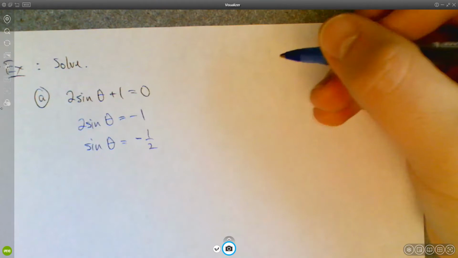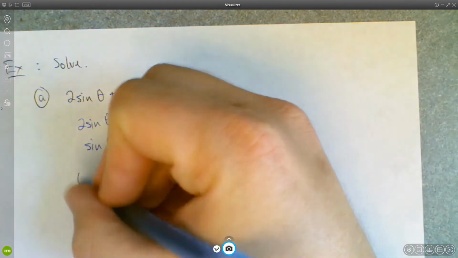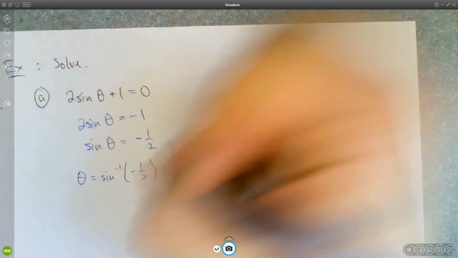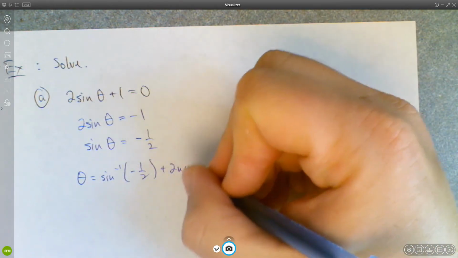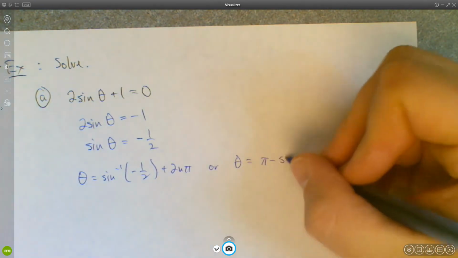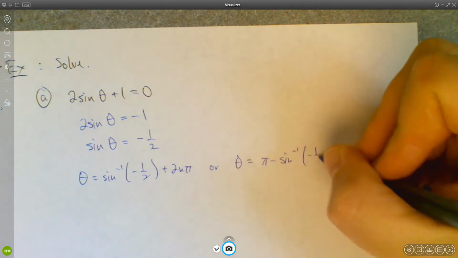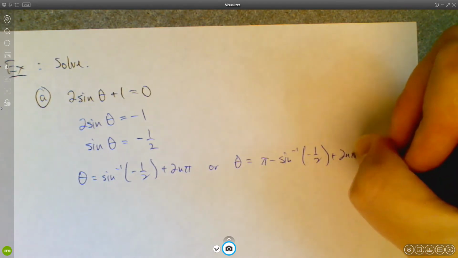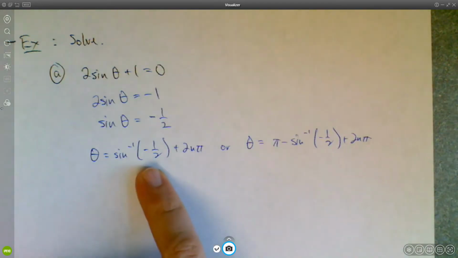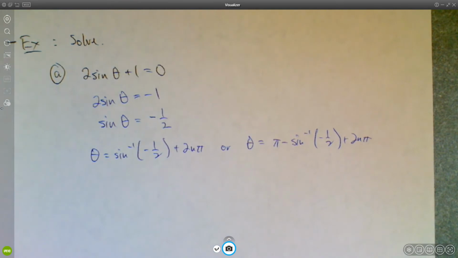So I'm going to get theta equals sine inverse of -1/2 plus 2n pi, or theta equals pi minus sine inverse of -1/2 plus 2n pi. Now, sine inverse of -1/2 you could do in your head, but you're welcome to use your calculator as well. What would you get? I think you would get -pi/6.